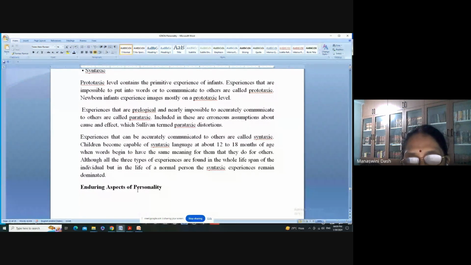So the meaning of a particular word is the same for all. They know this and they use words to communicate their thinking. This is the syntaxic level of thinking.